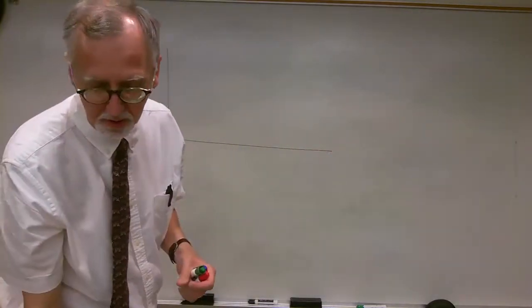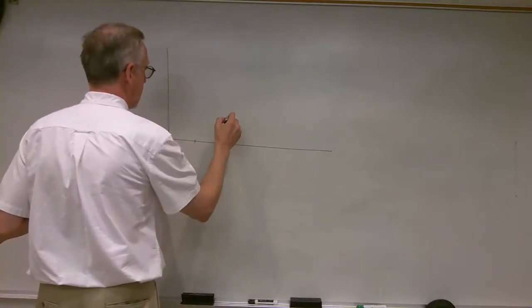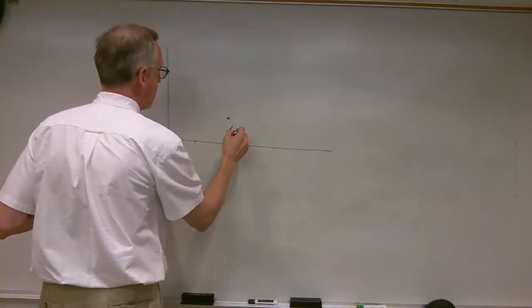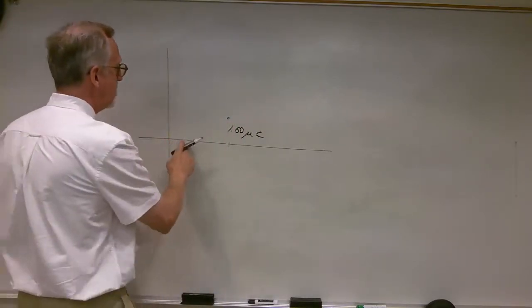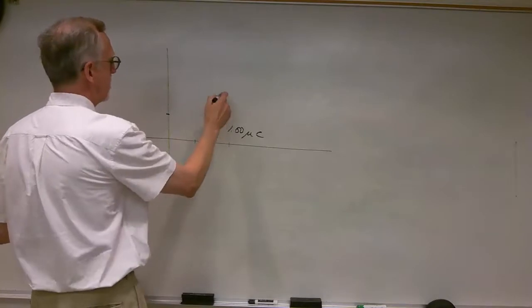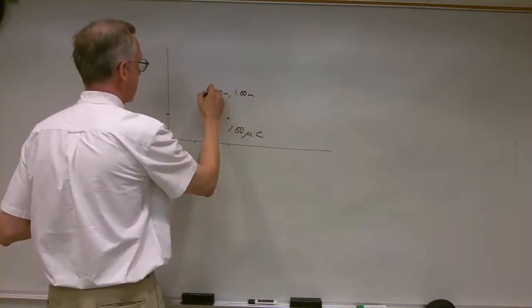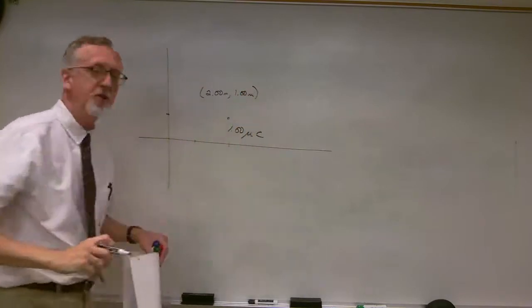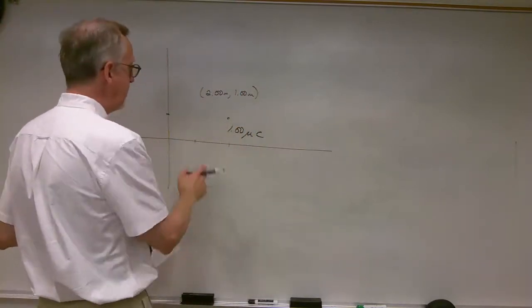Let's put a charge of, let's say, 1 microcoulomb at the point 2 meters, 1 meter. And let's figure out what the electric field is at the point 5 meters, 1 meter.